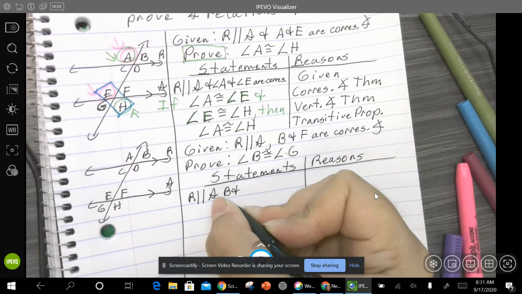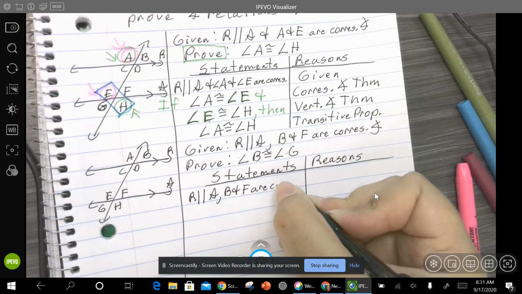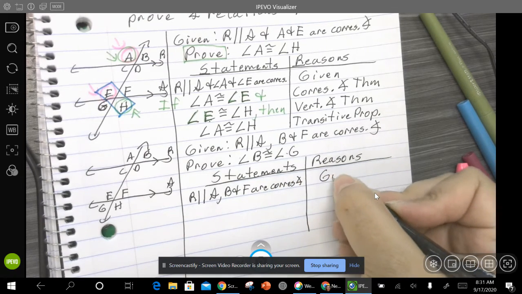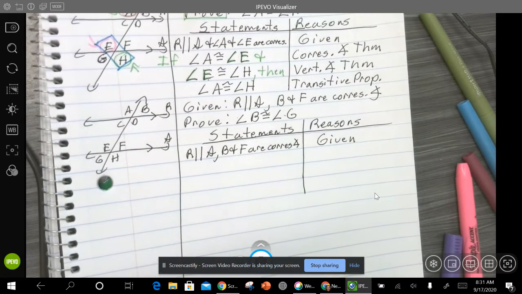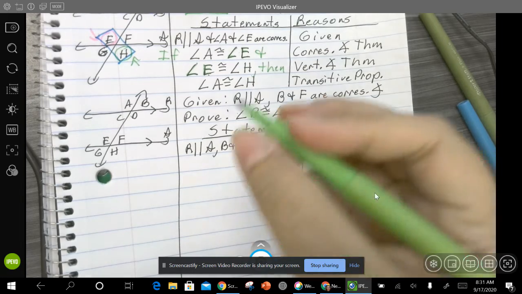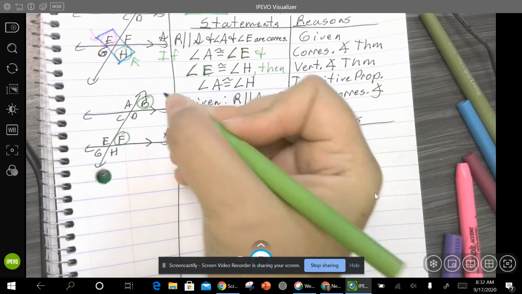And so R is parallel to S, and B and F are corresponding angles. And that everybody is our given. Okay, that always goes first. And then we're going to do, so we got that. So now we're going to say, so B and F are corresponding.